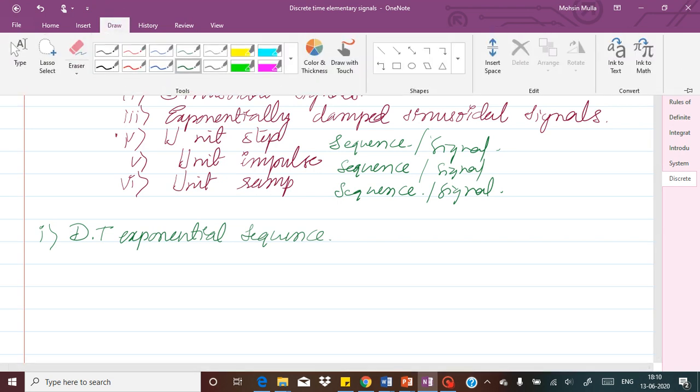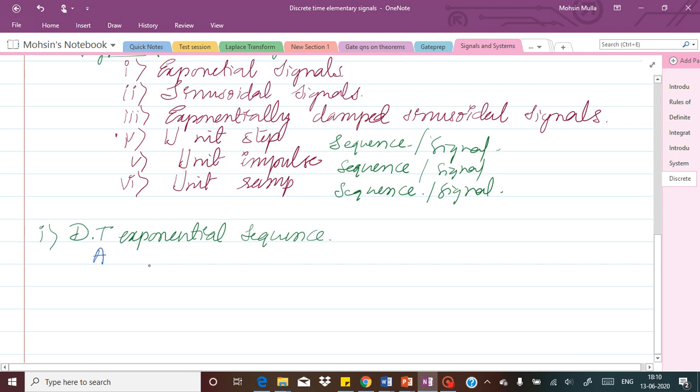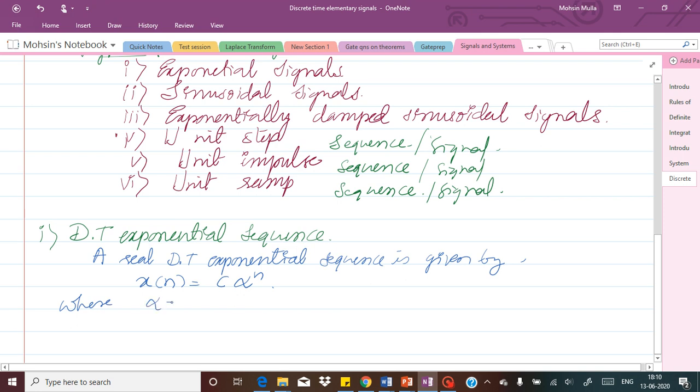A real discrete time exponential sequence is given by x of n equal to c into alpha raised to n, where alpha is e raised to beta, and c and beta are real constants. Here imaginary terms are not considered, only real terms.